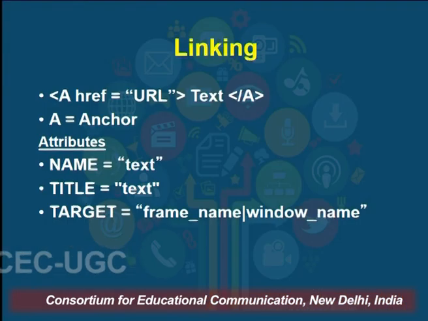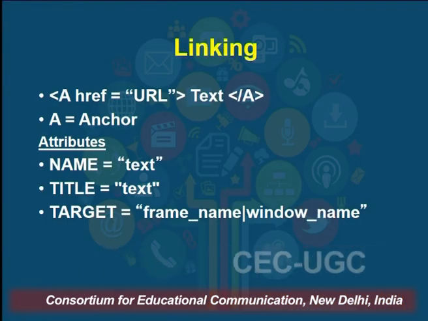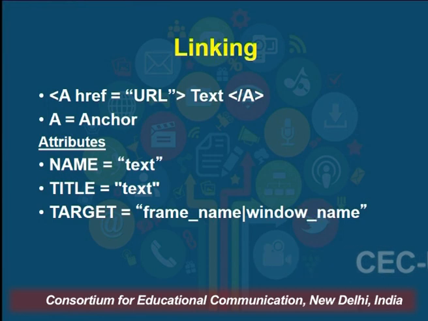That is, if you click on the text, where are you going to go? That path or name is specified as the URL. So you have the href, then you give the URL, which is actually the name and the path of the file that you want to open, and then you give the text and you close the anchor tag.